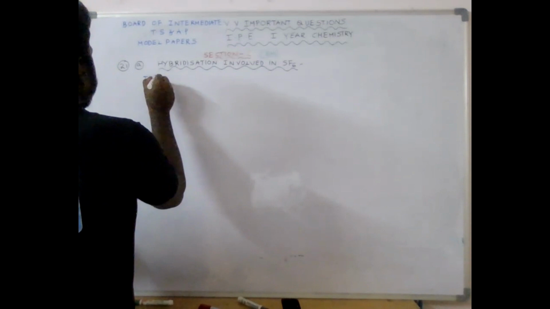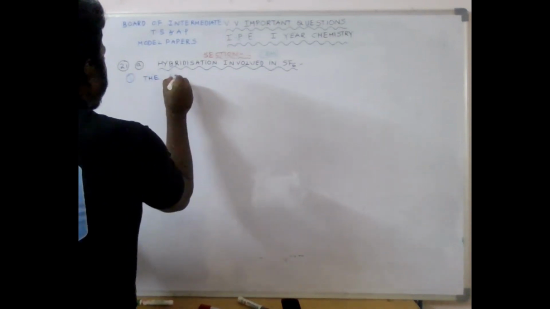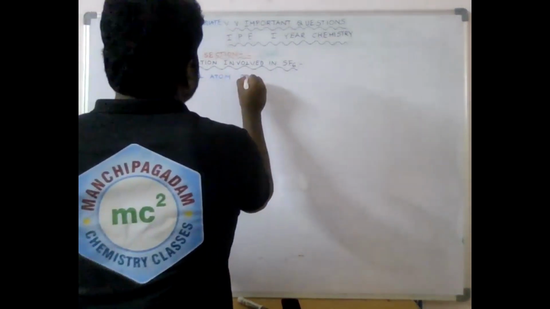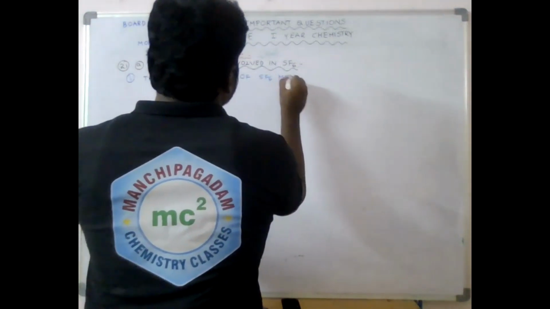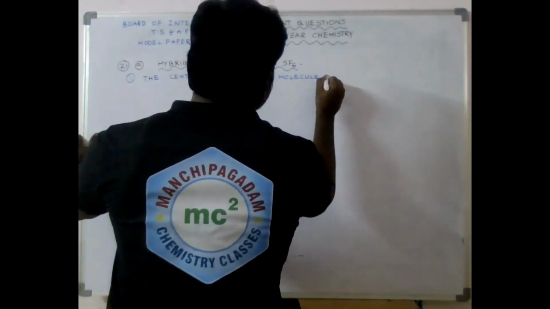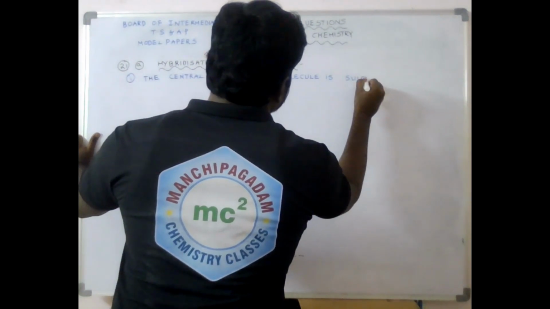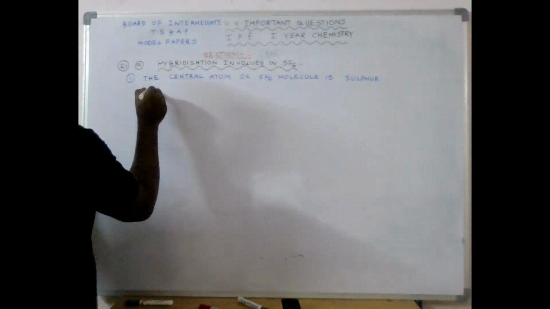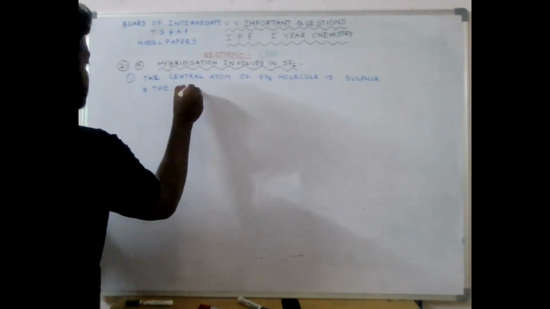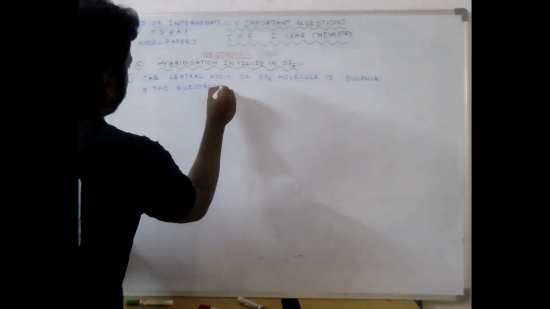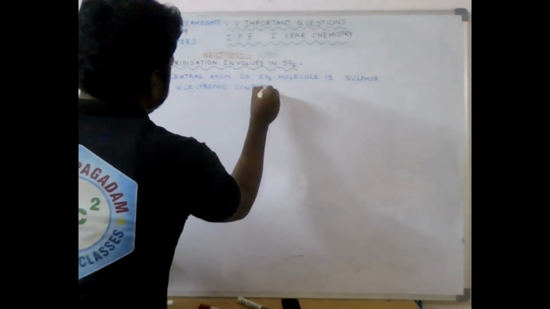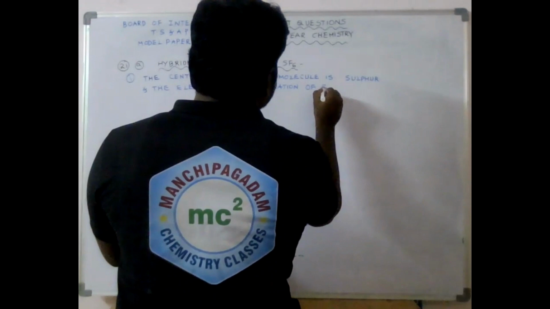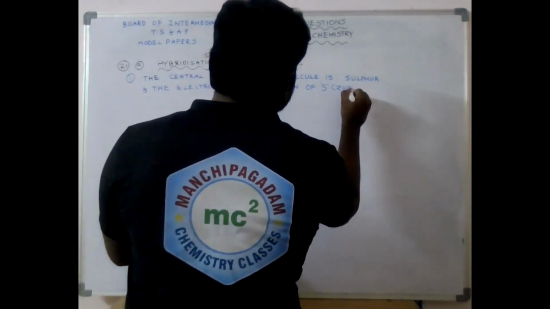The first point we are writing is that the central atom of the SF6 molecule is sulfur. And the electronic configuration of sulfur, what is the atomic number? 16.